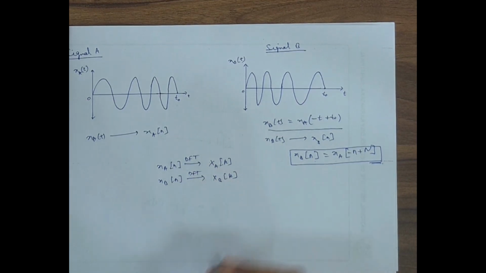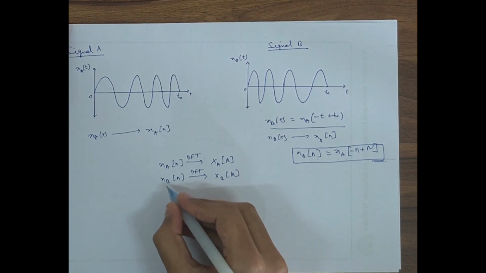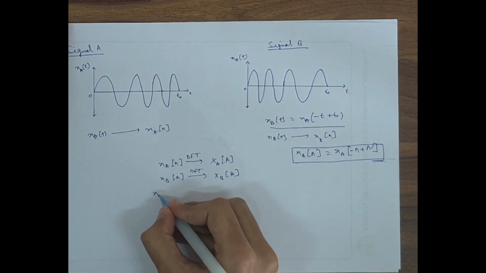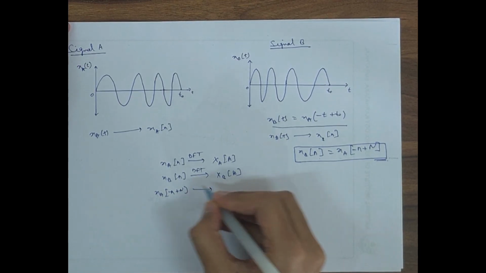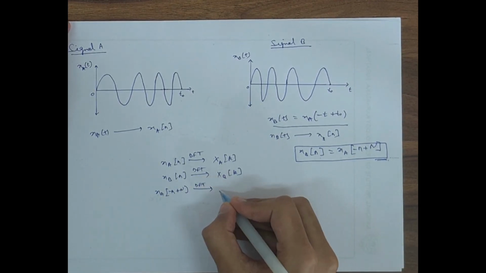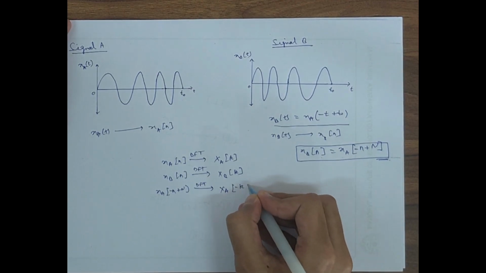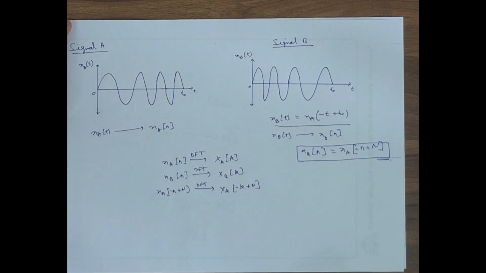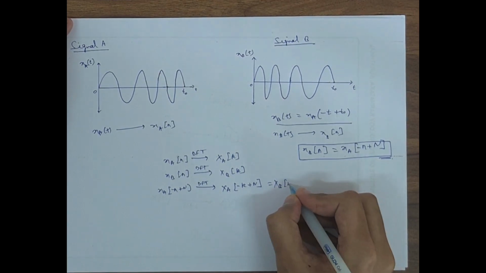Okay. So now, because xb of n is xa of minus n plus capital N, its corresponding discrete Fourier transform will be capital Xa of minus k plus N. Okay, this is nothing but Xb of k.